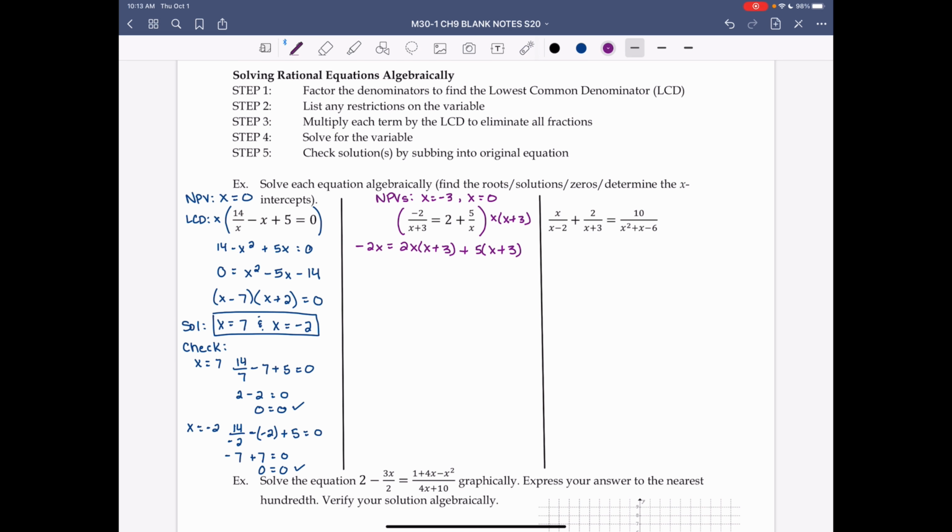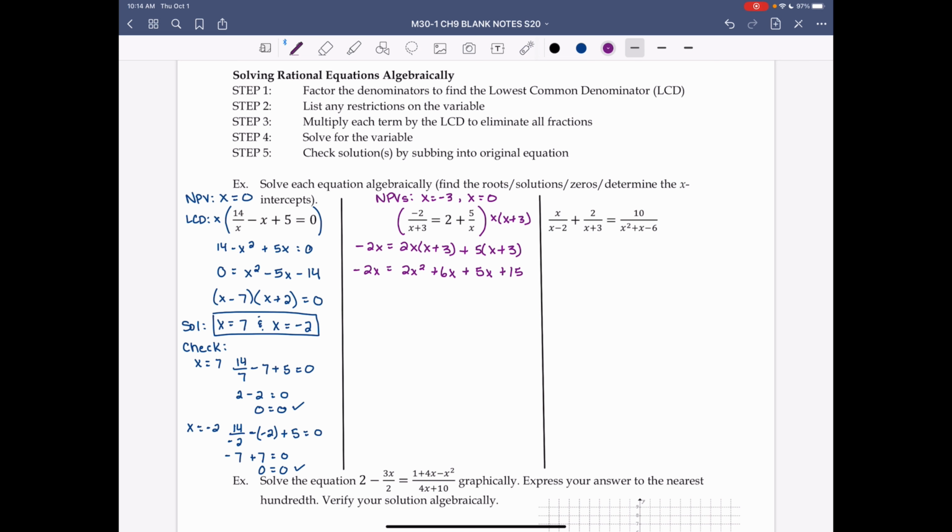The next step is to solve for the variable. Let's multiply the coefficients into the brackets. -2x equals 2x squared plus 6x plus 5x plus 15.